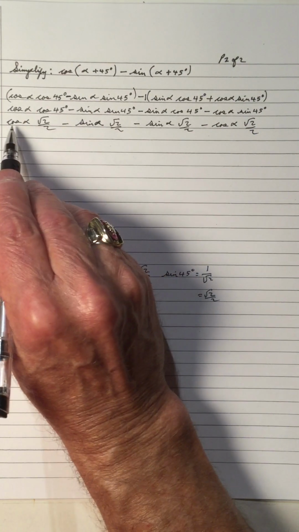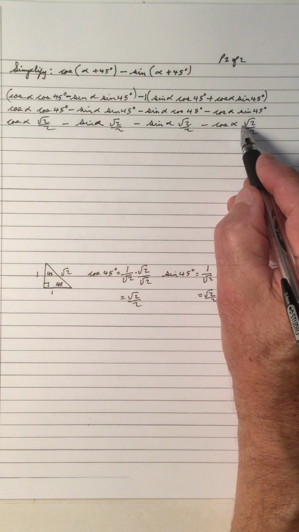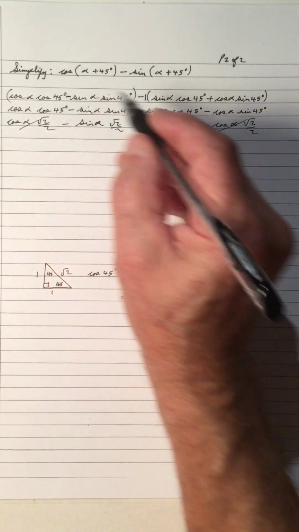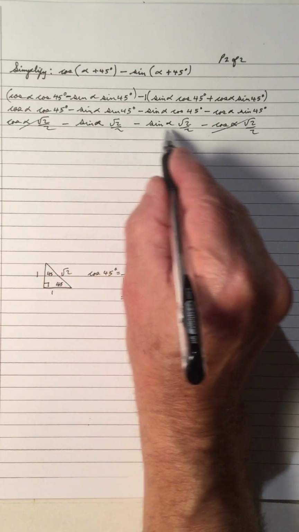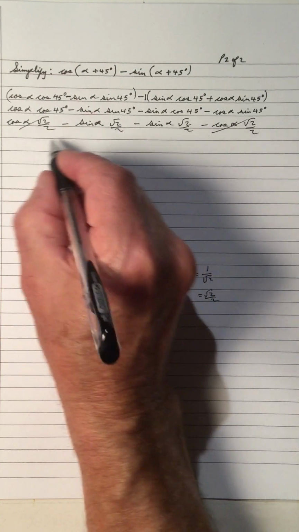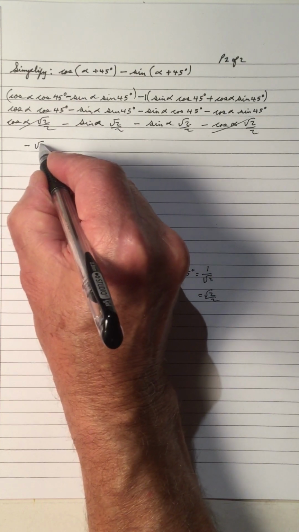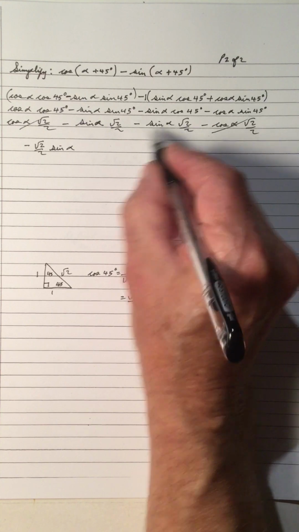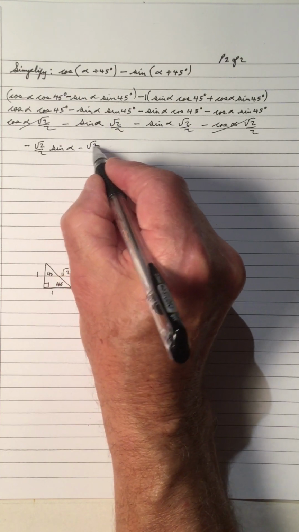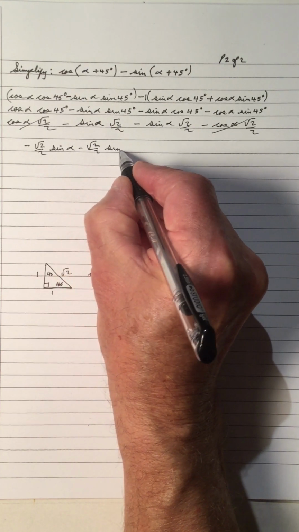I notice that this is a positive and that's a negative of the same term, so they cancel out. That means we're adding the two remaining terms, which I rewrite as negative root 2 over 2 sine alpha, and negative root 2 over 2 sine alpha.